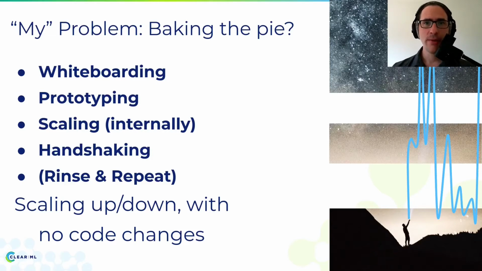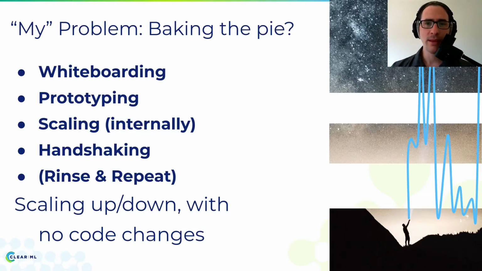If it looks like you have something that can work, you build a prototype. You make sure it's not a dud, and then you start scaling up in order to tackle real-world data. At this stage, you handshake with the business logic layer in your organization, which might help to clarify or even reconsider KPIs and approaches. Then you go back, maybe back to square one, maybe just back to the prototype.